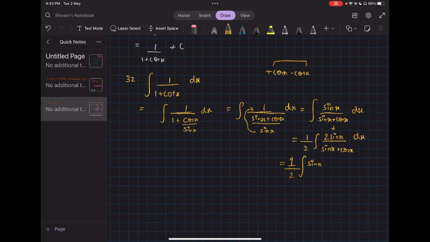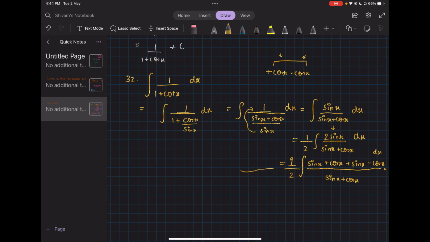So I wrote one of the sine x here, then plus cosine x, and then the other sine x, and then a negative cosine x. This is with respect to x, of course, and in the denominator we'll still have sine x plus cosine x.